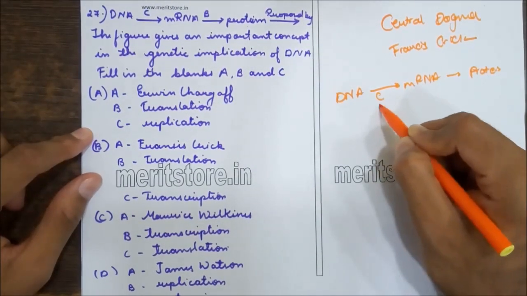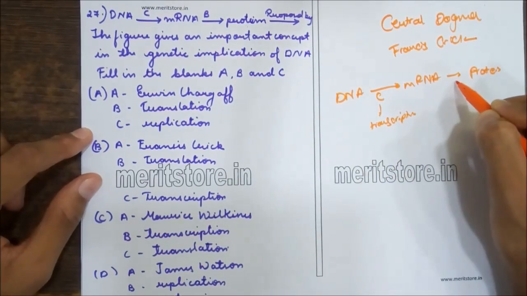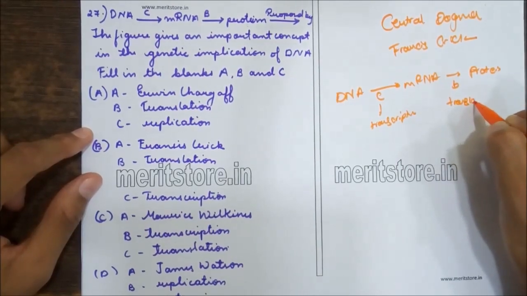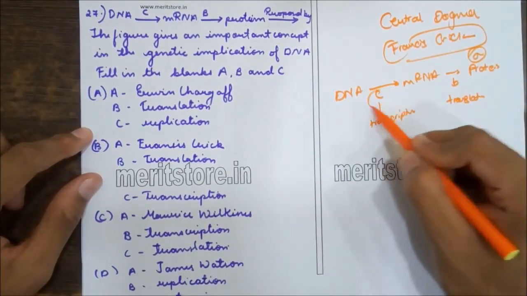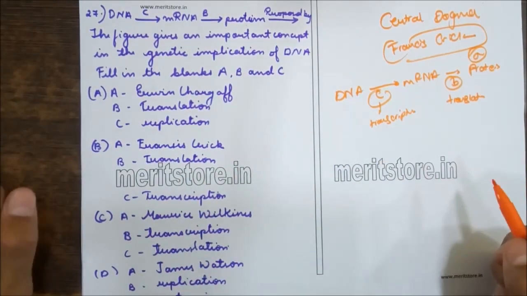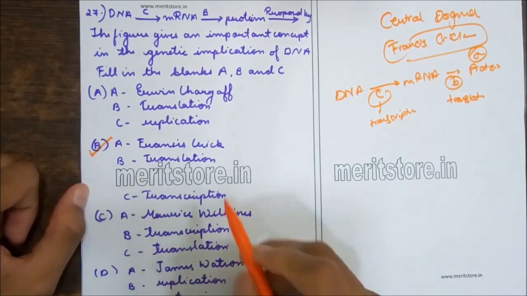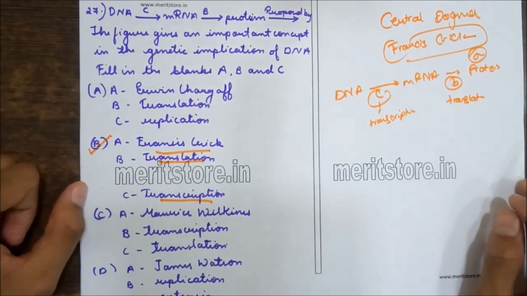So C is transcription, B is translation, and A is Francis Crick. So option B is the correct answer, which is Francis Crick, translation and transcription.